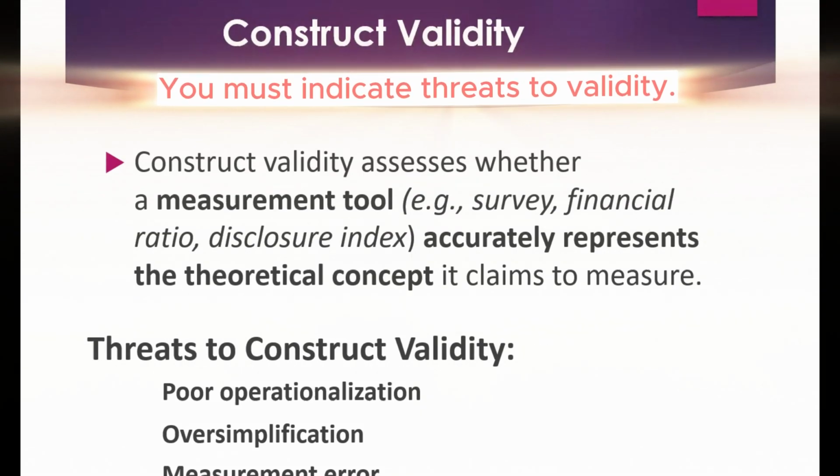That's data inaccuracies such as miscoded financial statements. These are just a few of the threats to construct validity. So it actually depends on your study. But construct validity is definitely one that you should include in your research.